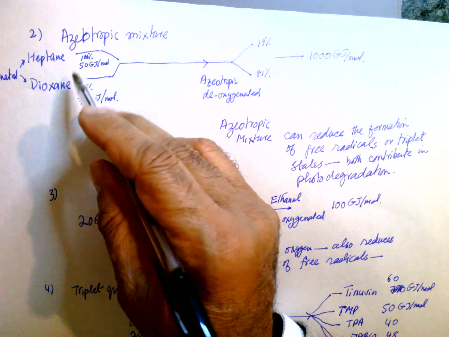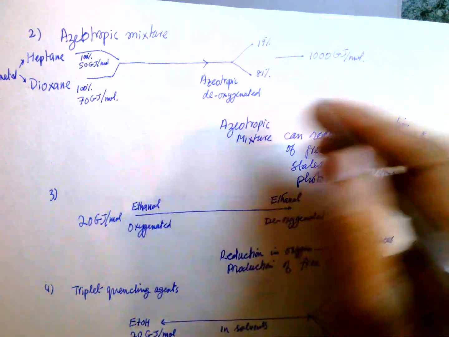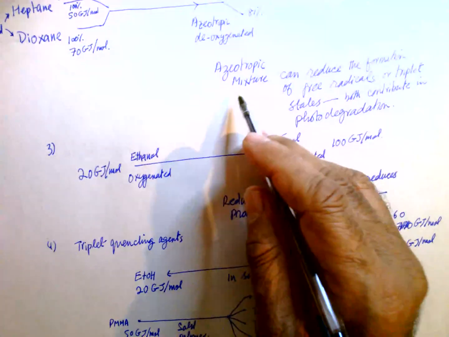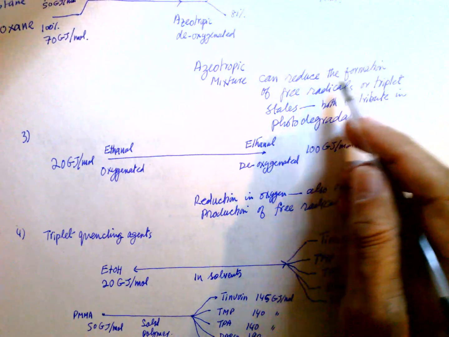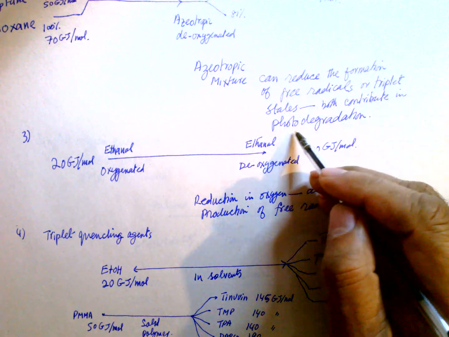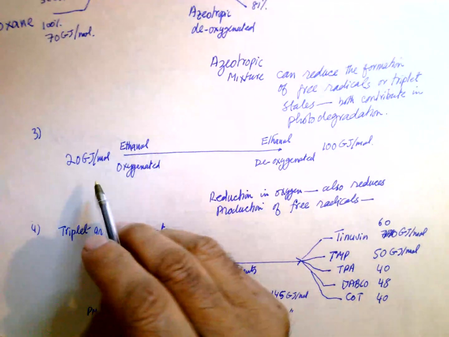The azeotrope mixture can reduce the formation of free radicals and triplet states, both contributing to photostability degradation.